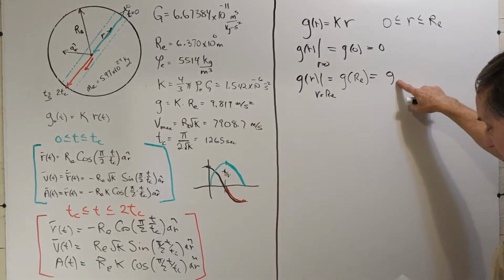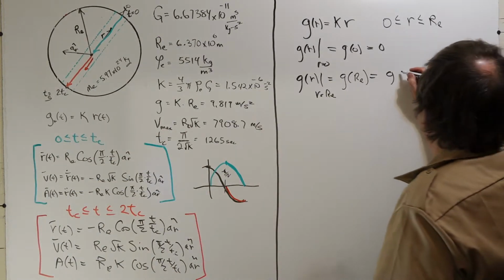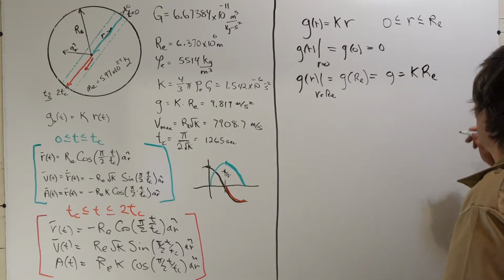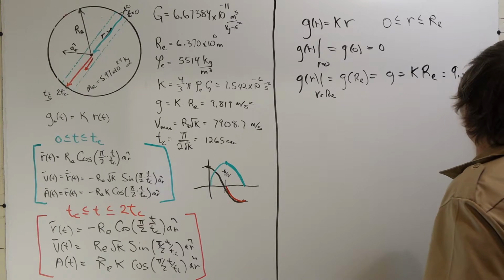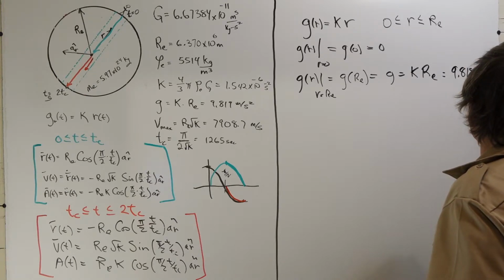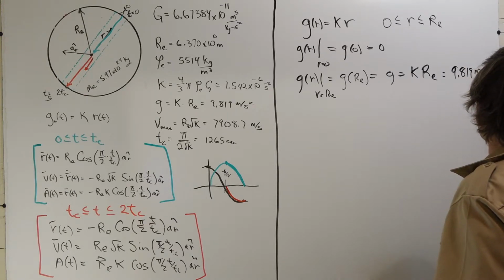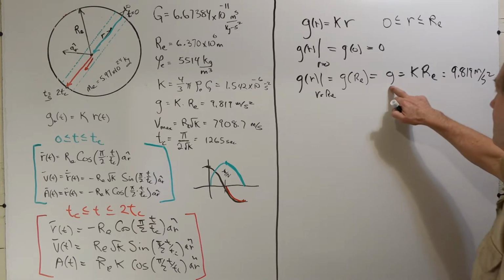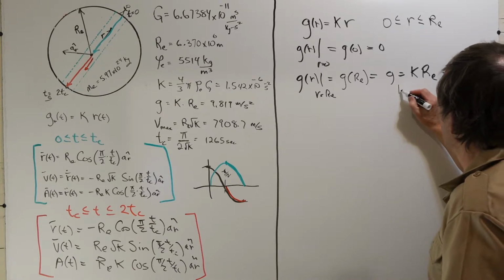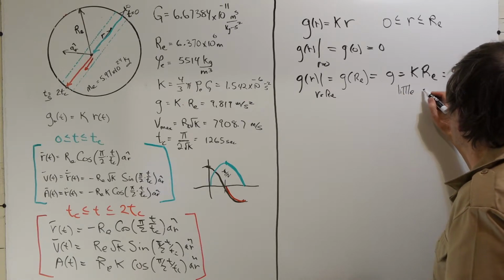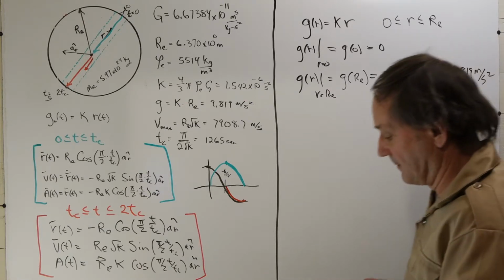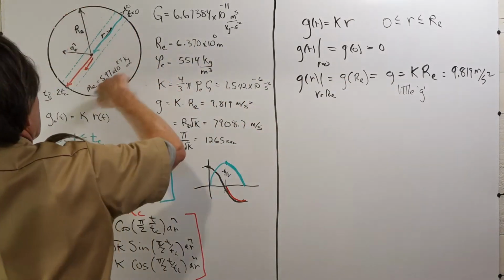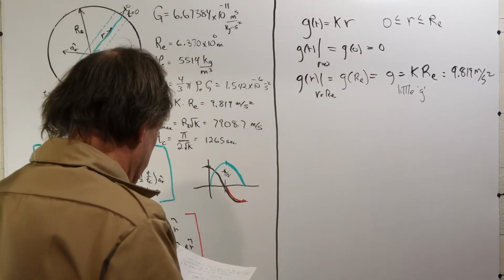The gravitational acceleration at the surface, and this is k r e, and this value is 9.819 meters per second squared. And this we call little g. That is the surface value of the gravitational acceleration of the Earth.